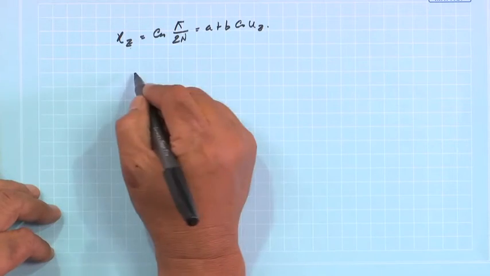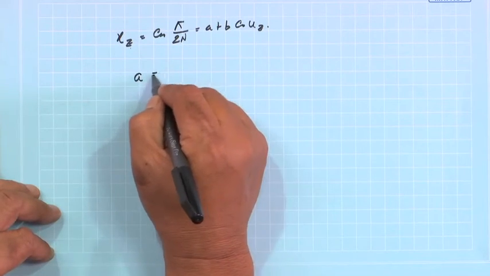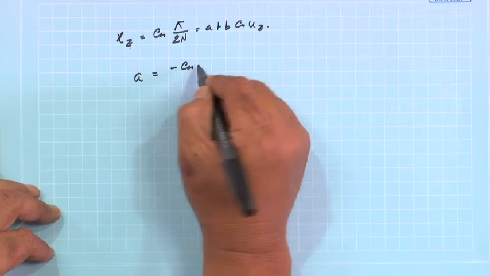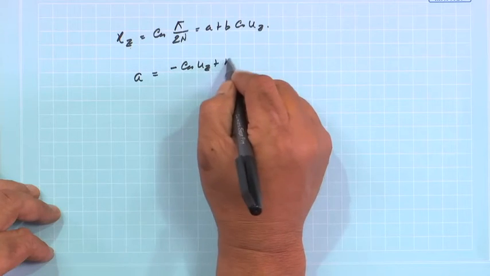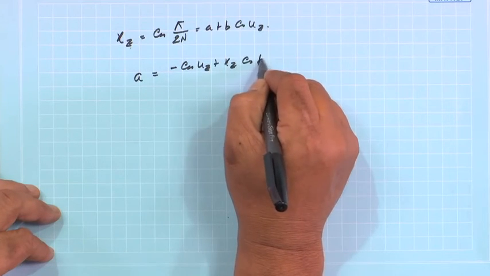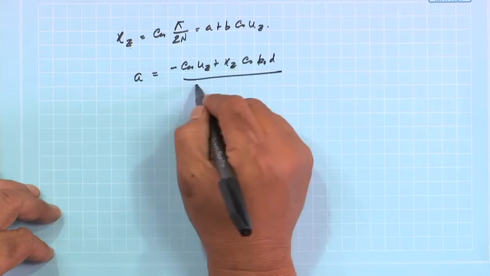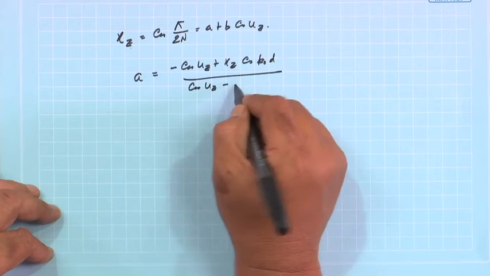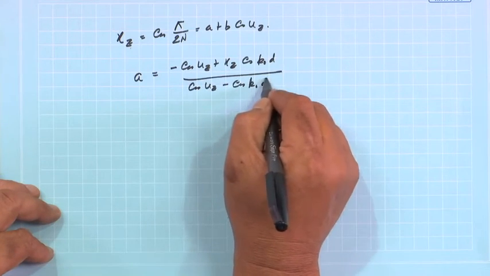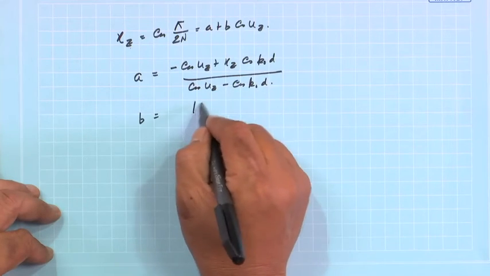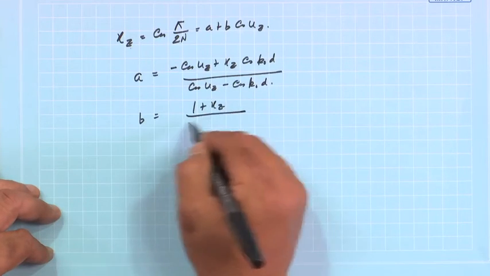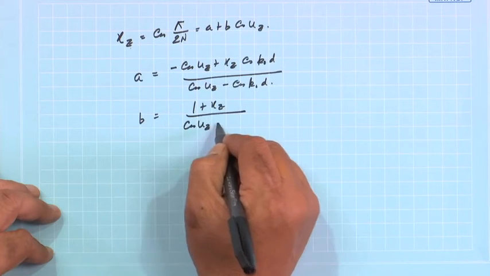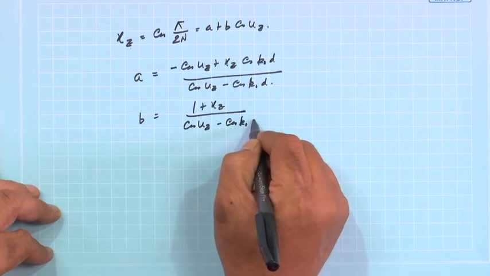So, finally, with the help of this, a becomes minus cos u z plus x z cos k naught d by cos u z minus cos k naught d. B becomes 1 plus x z by cos u z minus cos k naught d.